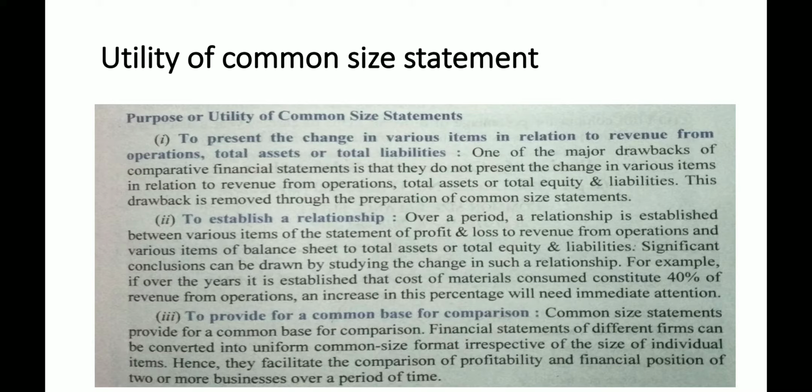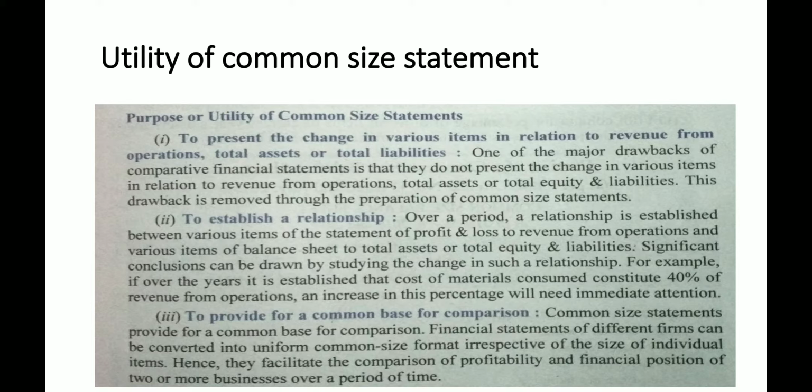Right? In balance sheet, total of assets are used for comparing the asset side, that is current assets or non-current assets, and in liability, total of liability is used as a base, and each and every item is compared from it.